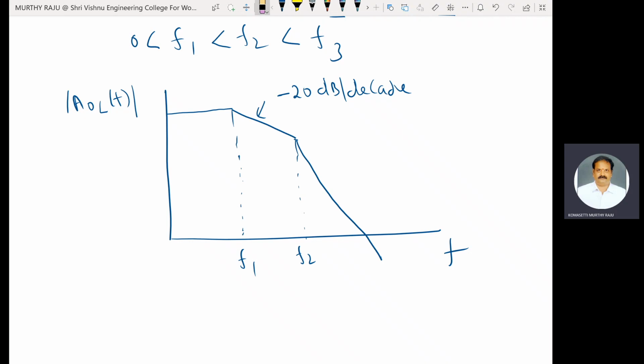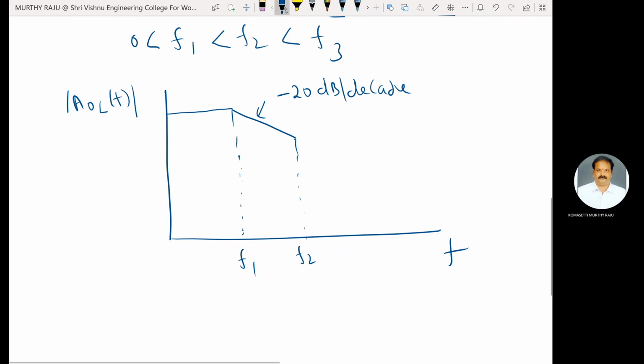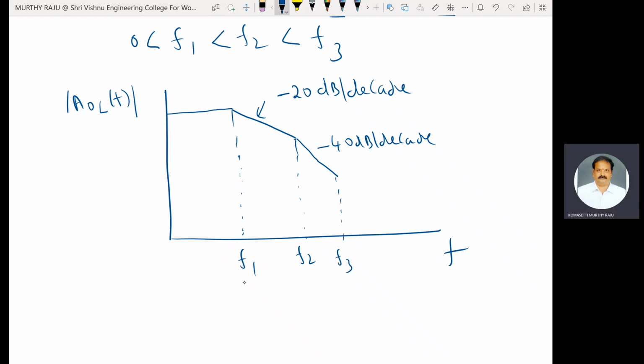Up to this one, minus 20, then minus 40 dB per decade. Another break frequency for the three-stage system. The three corner frequencies are the three break frequencies. Like that. This is the unity gain crossover frequency. This is 0 dB. This is 106 dB.